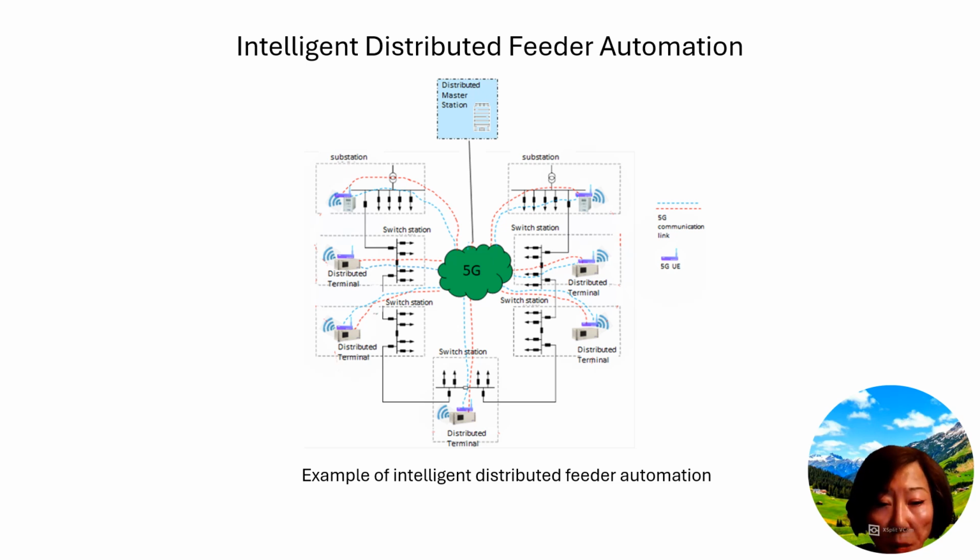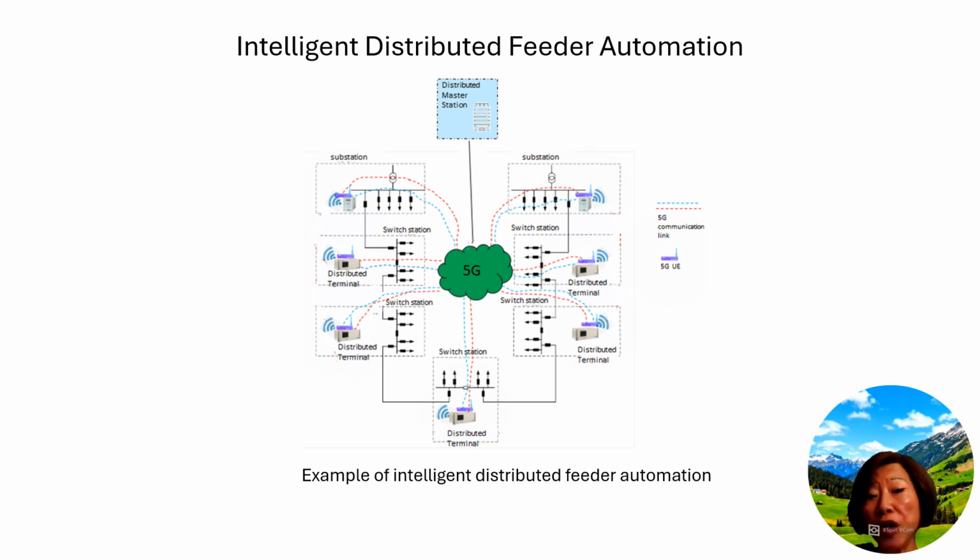The distributed terminals collect feeder status information and are responsible for fault judgment, location, isolation, and power supply restoration based on this information. Actions taken by the distributed terminals are reported back to the distribution master station.